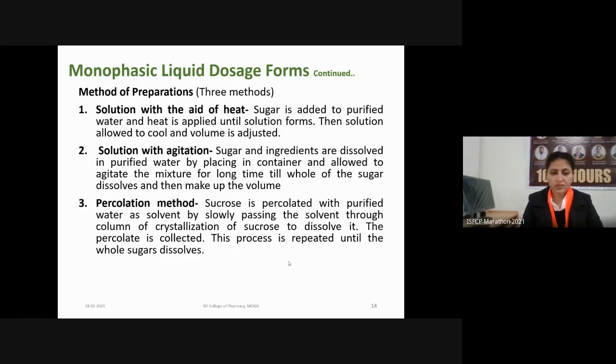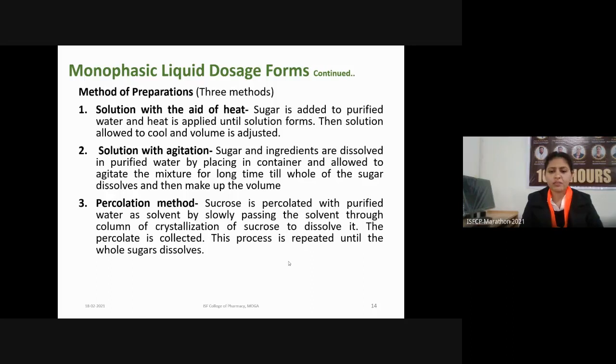The second method is solution with agitation. Sugar and the ingredients are to be dissolved in purified water by placing them in a container and allowing it to agitate.